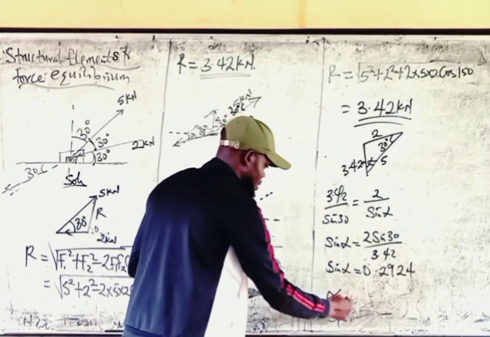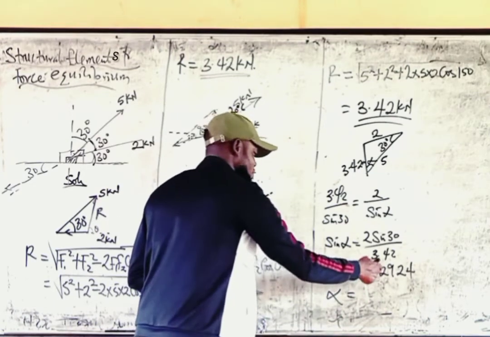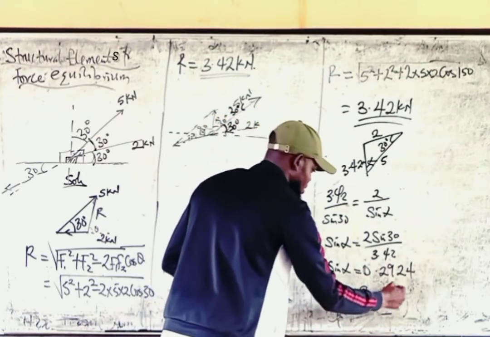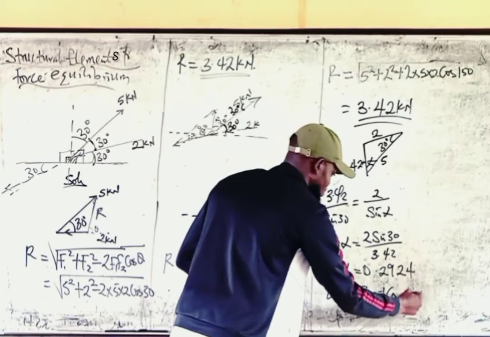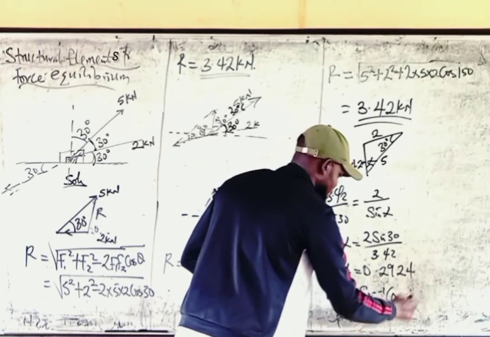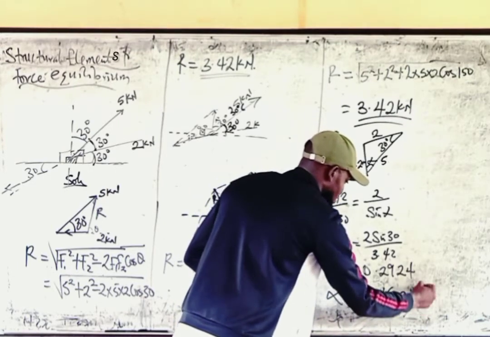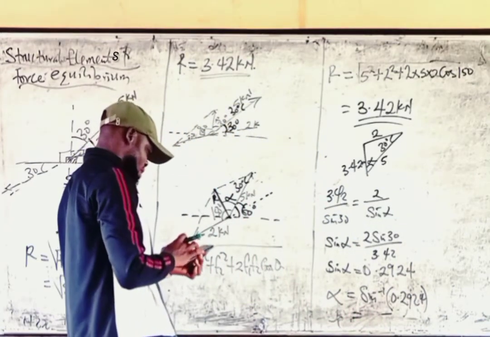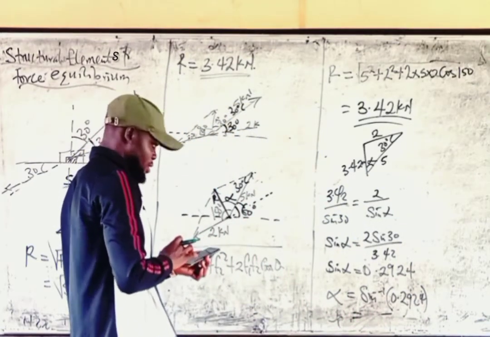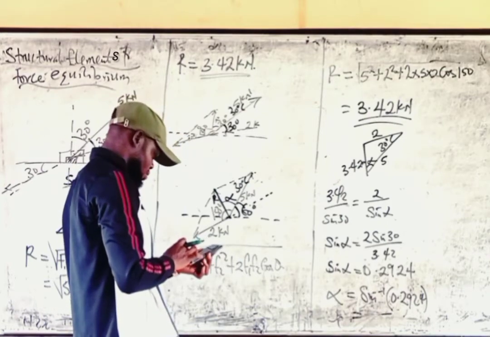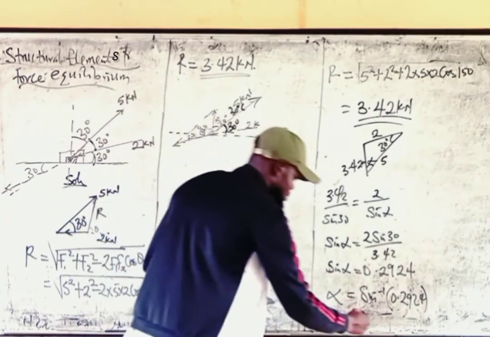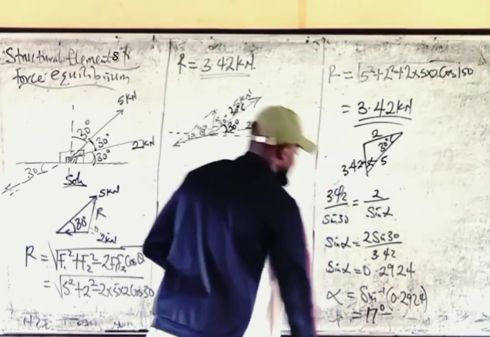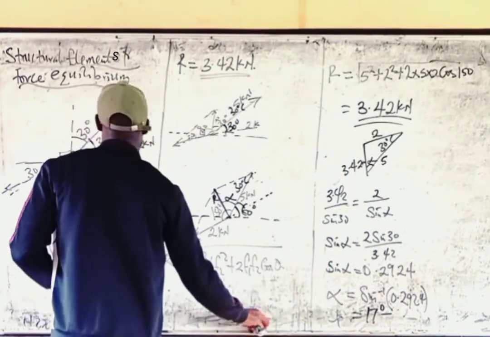So alpha will be the sine inverse, the arc sine, of 0.2924. If you do that, shift sine of 0.2924, I'm having 17 degrees.